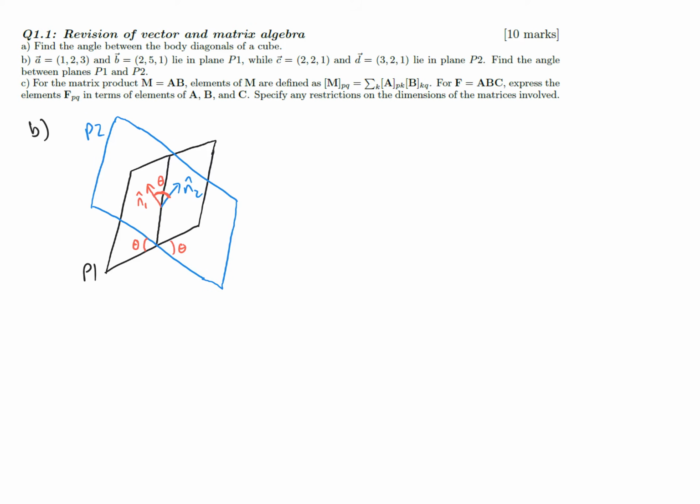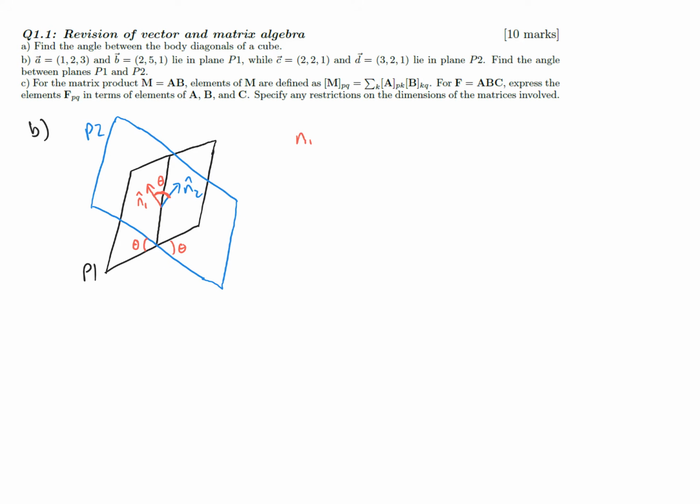Okay, we can calculate the angle between two diverging vectors using the dot product, as we did in part A of the question, but we need to know what these unit vectors normal to the plane are. So let's work them out. We can do it, as I mentioned already, through the cross product.